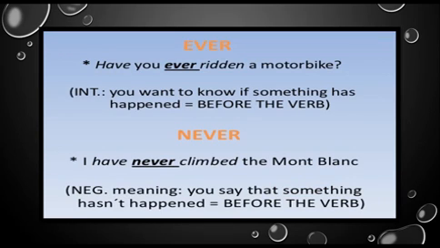We are seeing the use of ever, never, and others, okay? But the first one is have you ever. And remember this, have, that is a question, okay? It begins with have, so you have a question here. Si este comienza con have, entonces estás viendo una pregunta. Have you ever?